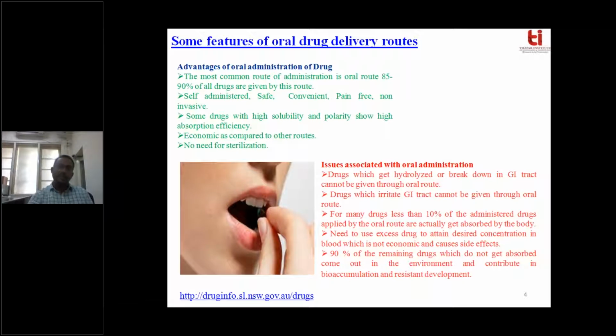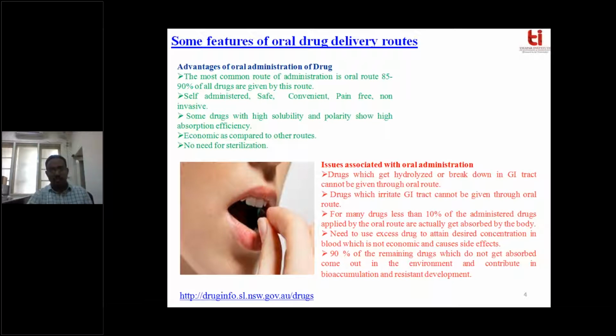If you are taking those drugs through the oral route, mostly say 5 to 10% of the drugs will get absorbed through the intestine, because absorption happens in your stomach and small intestine. Once it reaches the large intestine, you don't get any absorption.